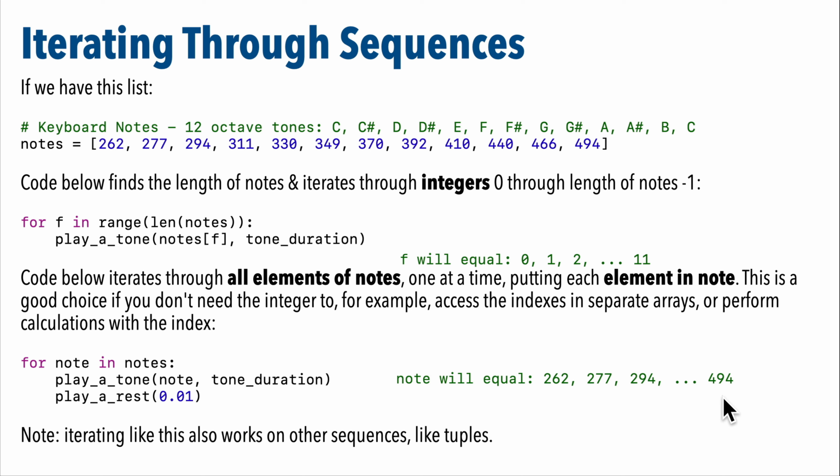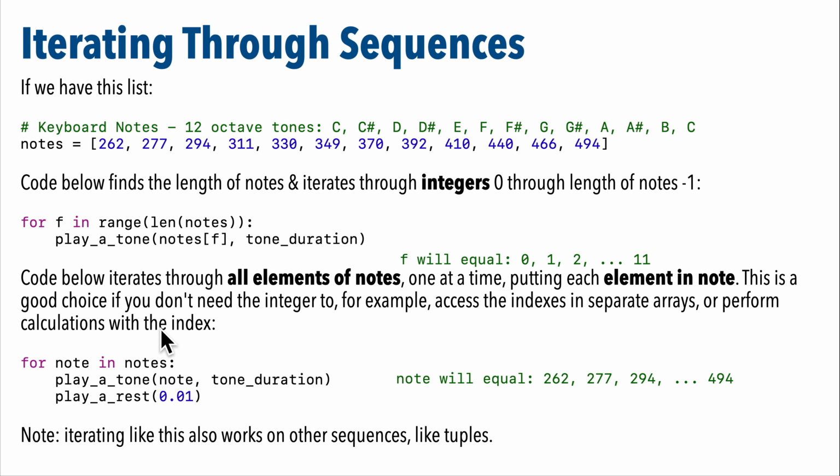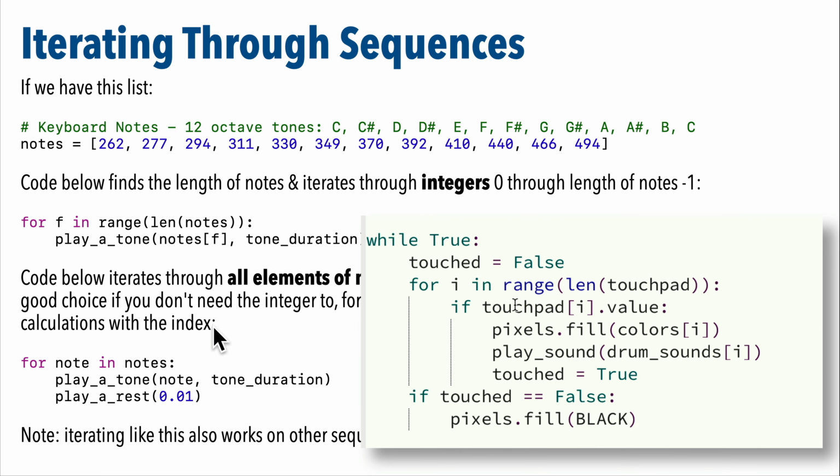Cool. Now, which approach should you use? Well, it's up to you. Iterating through an array would be considered more Pythonic, and it involves thinking directly about the element rather than the index of the element. So most programmers would probably prefer this, but in a lot of the code that we wrote earlier, we actually used our index value to access different lists inside of the for loop. For example, when we made a drum machine with the Circuit Playground, we got the index of our touchpads, but we also used that index to play both the drum sounds and to access the colors associated with the touchpad that was touched.